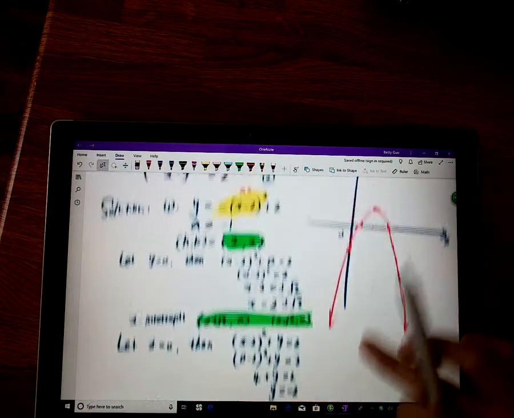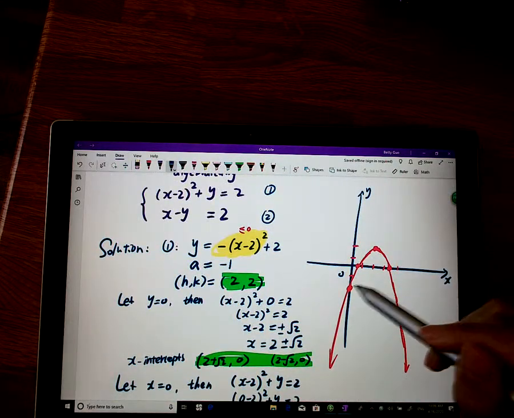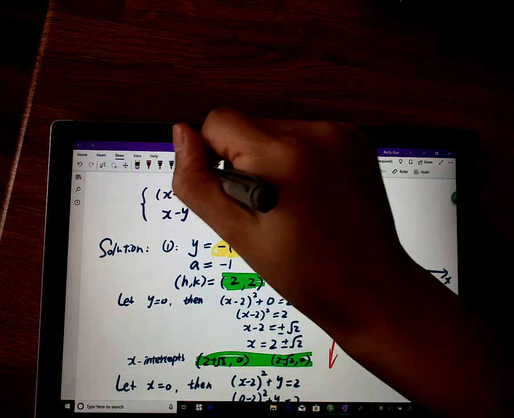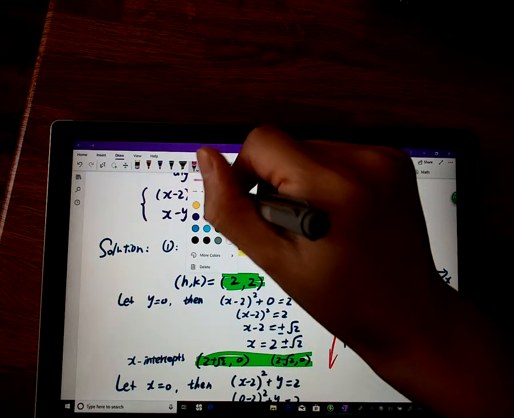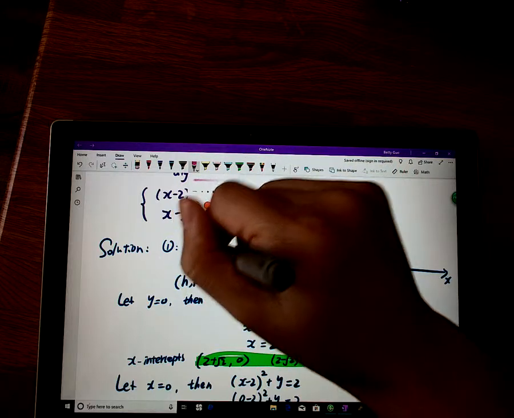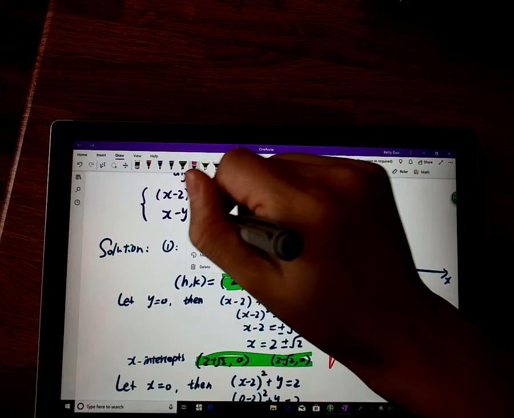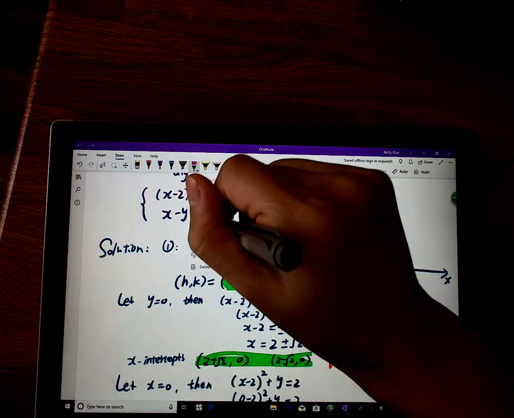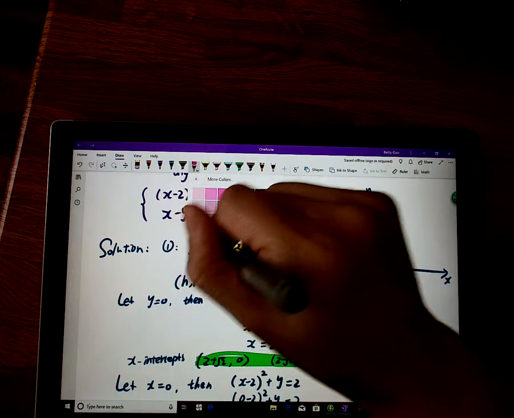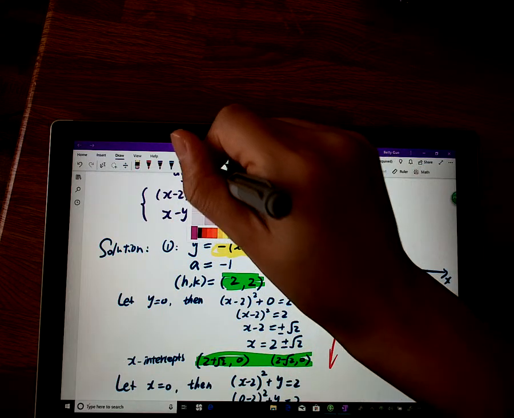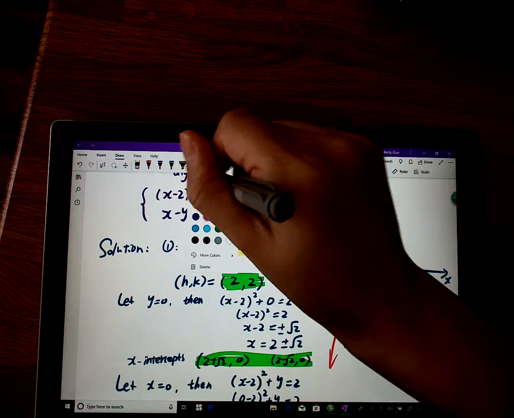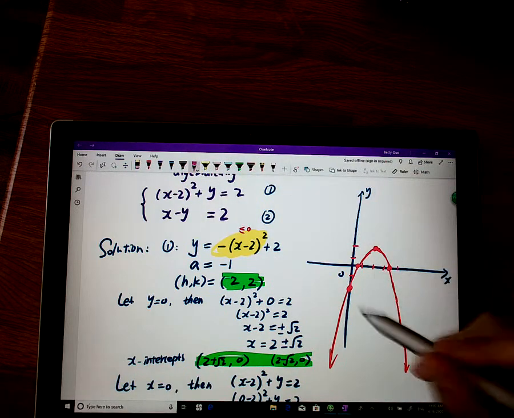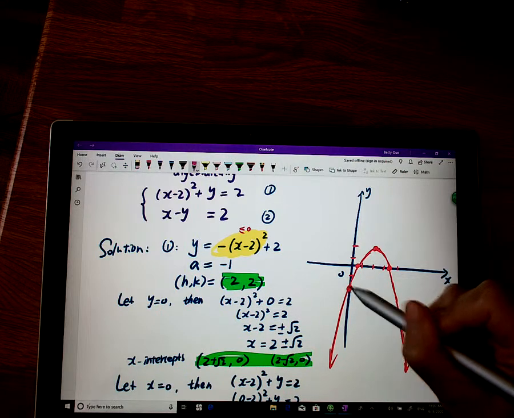Okay, so let's locate the, let me change the color. I think the purple is fine. So this is the y-intercept.